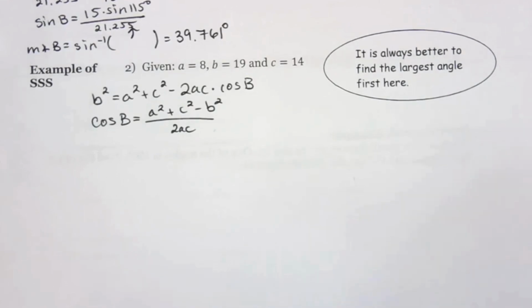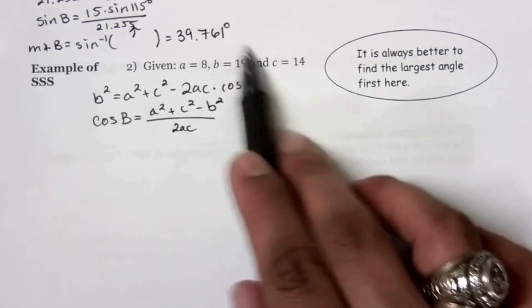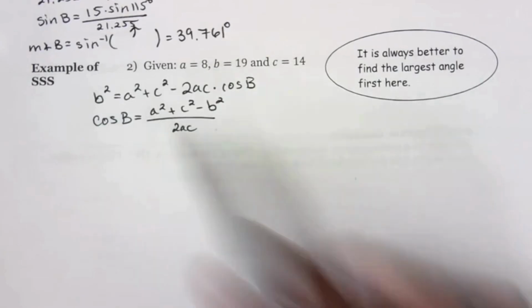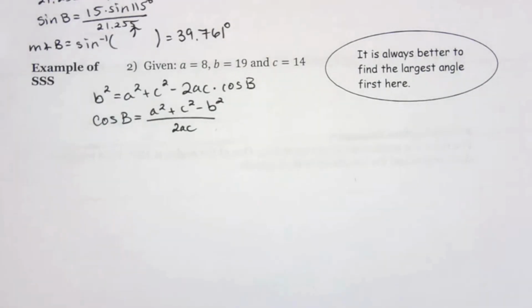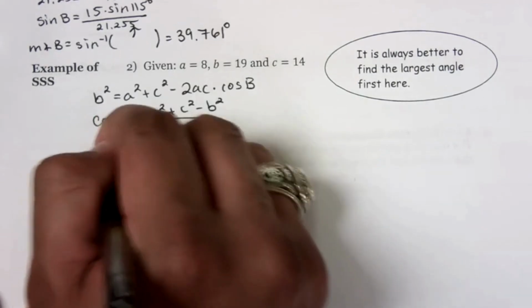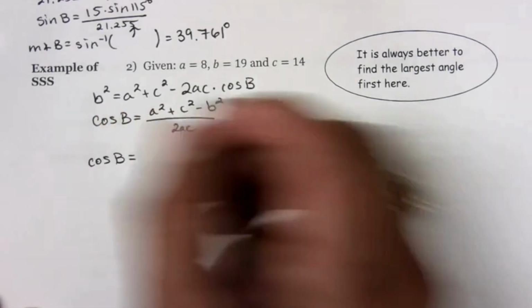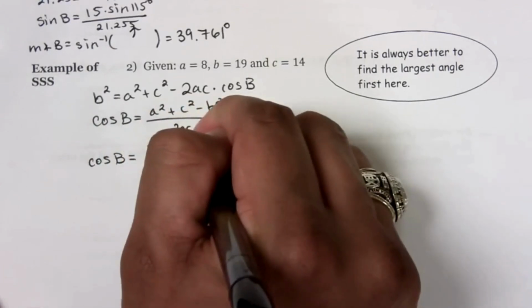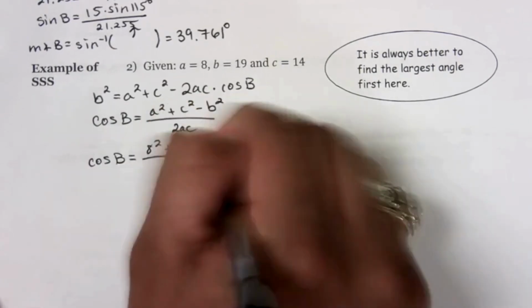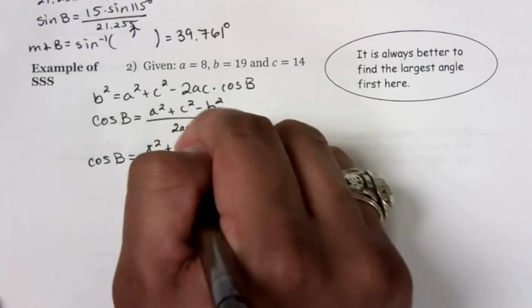Remember that the biggest angle has the biggest side length. So since B is the biggest side length, we're going to have to find the biggest angle, which is going to be B. So let's plug in what we have. So cosine B is 8 squared plus 14 squared minus 19 squared over 2 times 8 times 14.